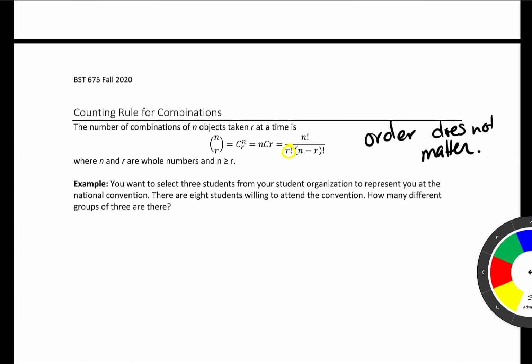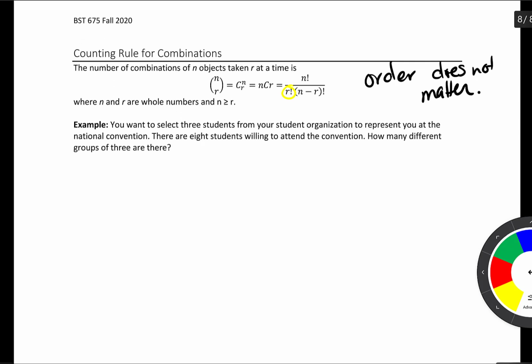So for example, you want to select 3 students from your student organization to represent you at the National Convention. There are 8 students willing to attend the convention. How many groups of 3 are there? So notice we've got 8 people in total. We're going to select 3 of them. The order of those 3 doesn't matter because they all have equal standing, so this would be a combination problem.